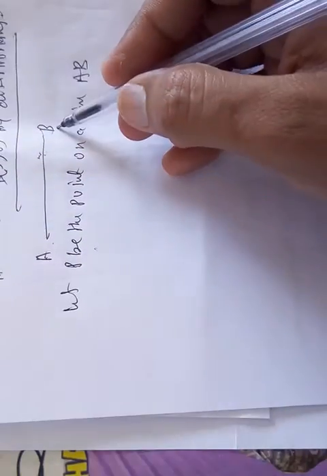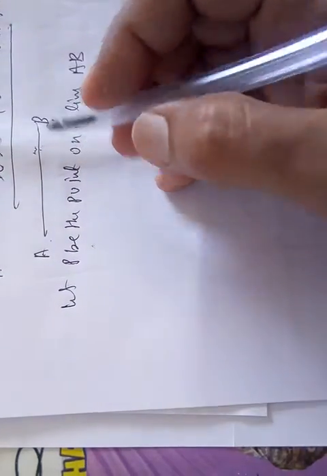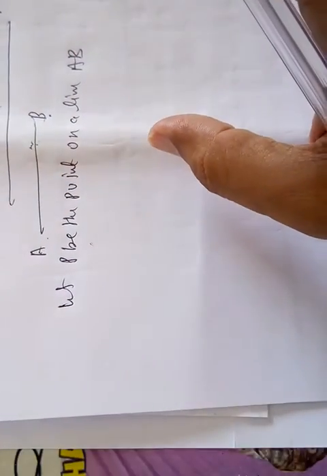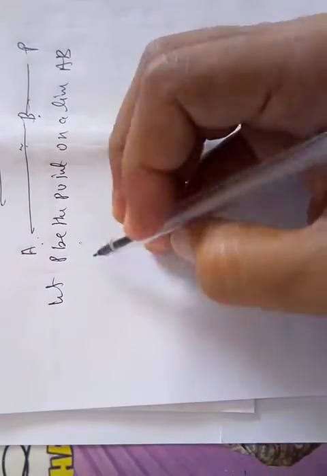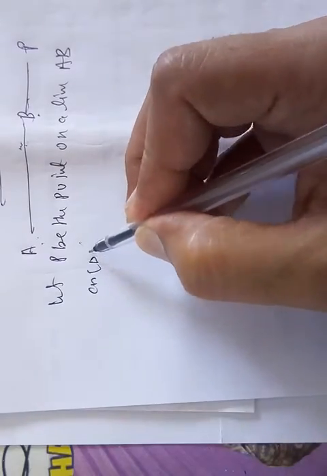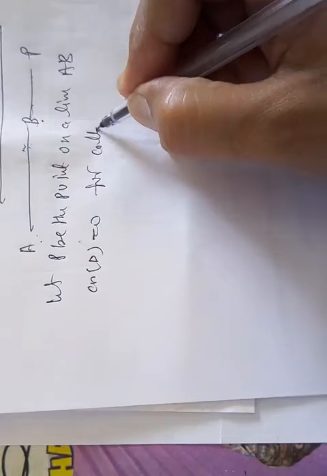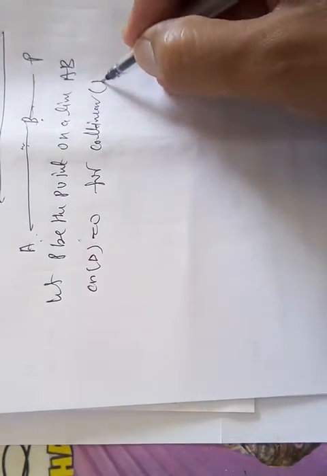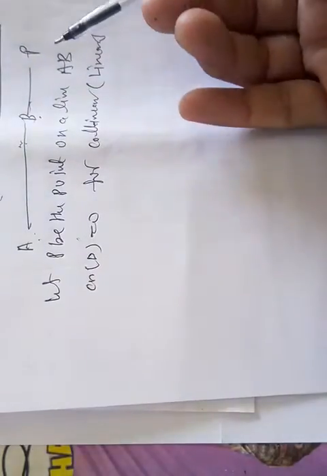So the 2 points already form a straight line; for the equation, let the third point be P. Area of triangle equals 0 for collinear, that is, the 3 points are linear.